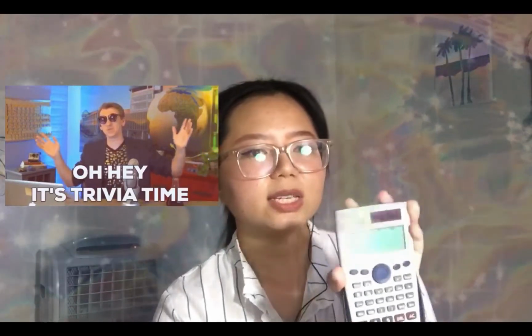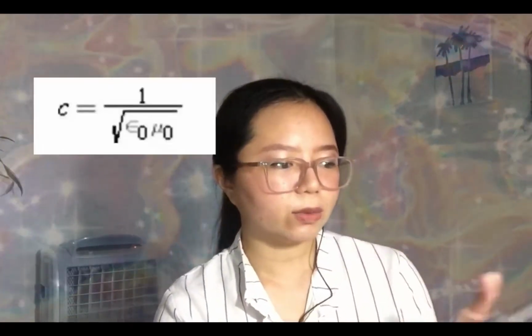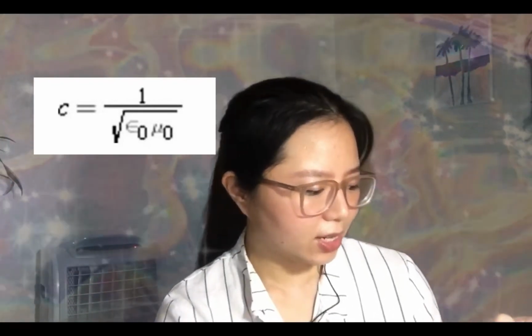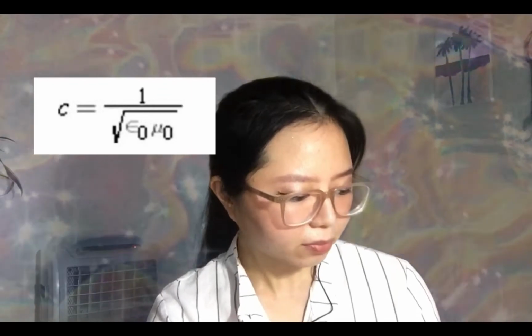If you have a scientific calculator with you, just divide: the speed of light is equal to 1 divided by the square root of the product of two constants. We have the electric constant, which is shift constant 32, times the magnetic constant, which is shift constant 33.